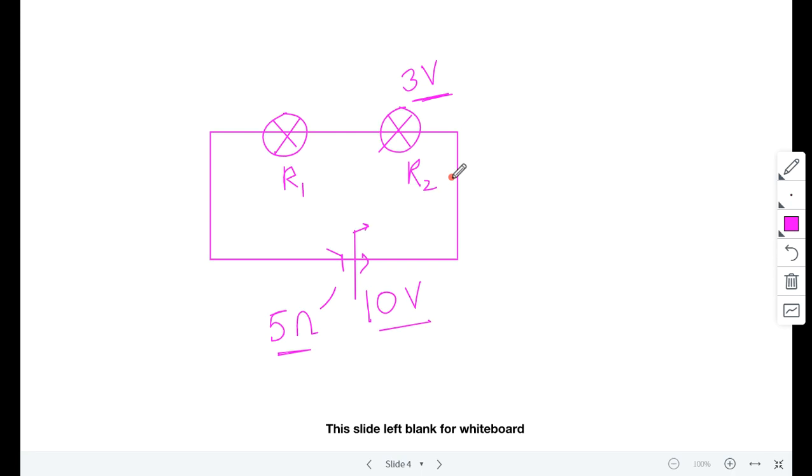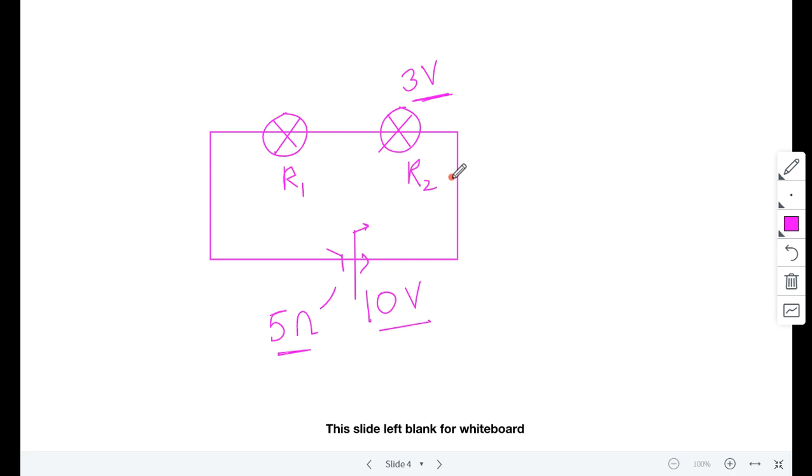But wait, I is 2. Yes, 10 divided by 5, that you have done, right? Oh yes, sorry. So 2, and then 7 divided by 2, so that's 3.5 ohms.